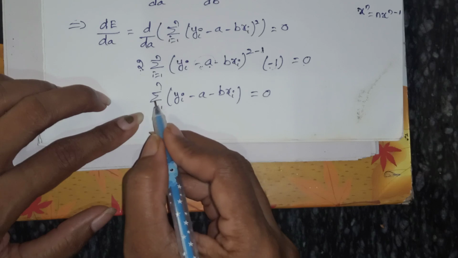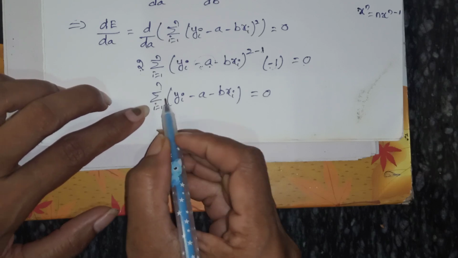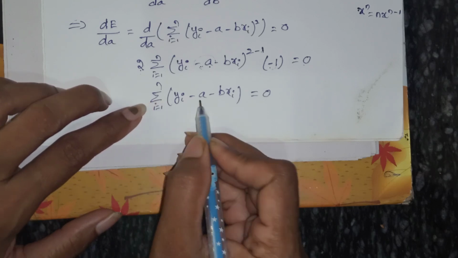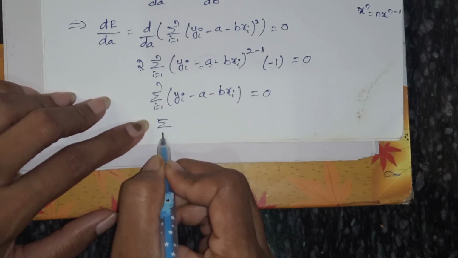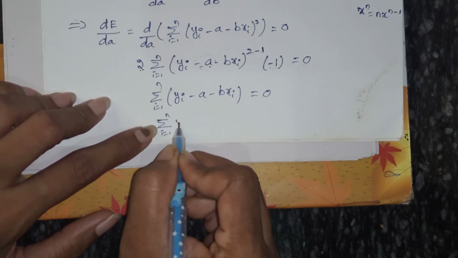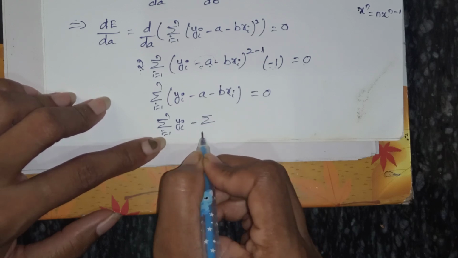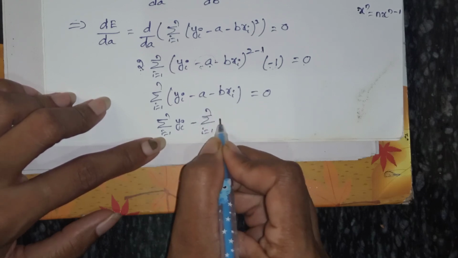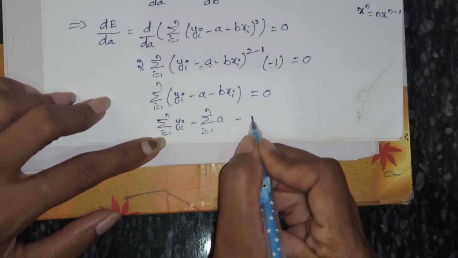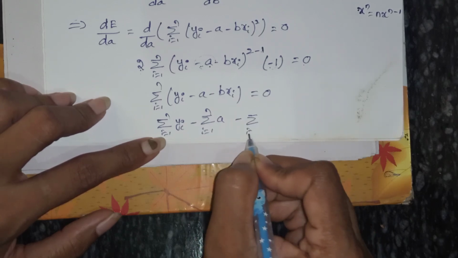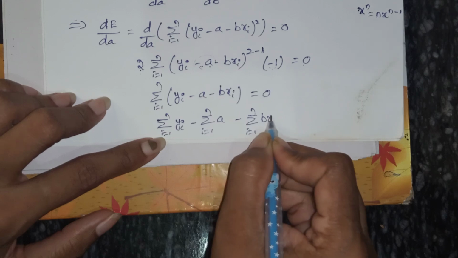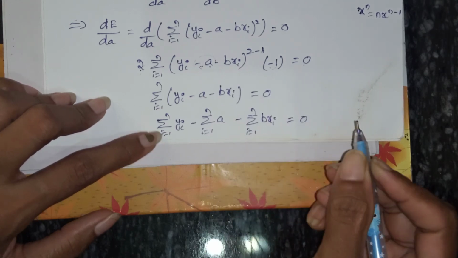Now this summation we have to split. So summation i equals 1 to n yi minus summation i equals 1 to n a minus summation i equals 1 to n b xi equals 0.